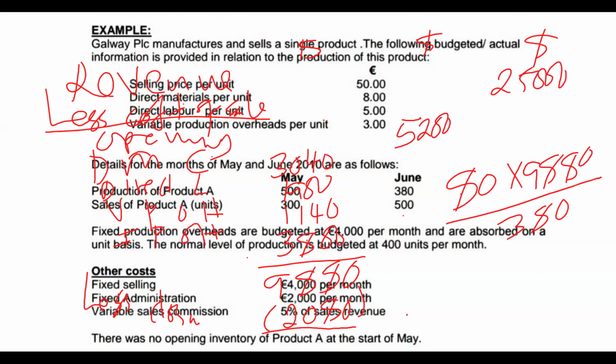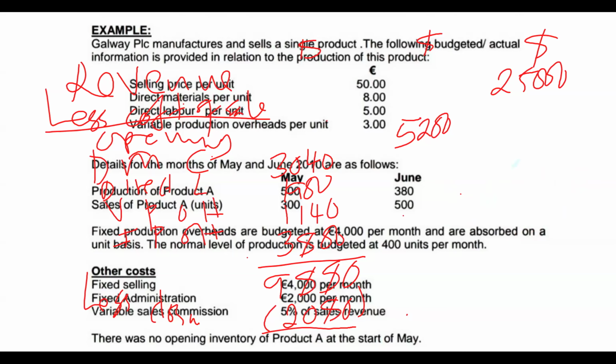Right. What is the difference now? Take the difference. Cost minus the closing inventory. Cost is what you're going to push in the middle column here. Was it 9880 minus 2080? What do you find?